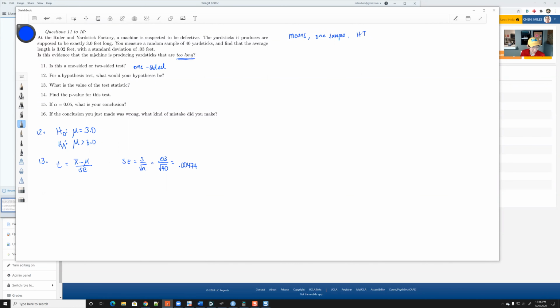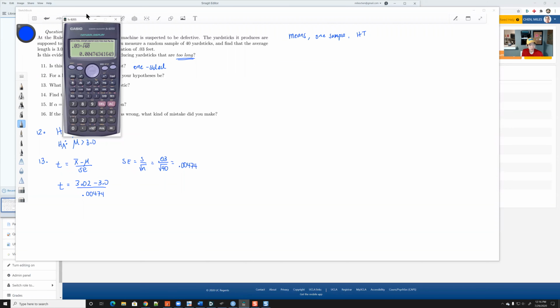Okay, all right, so my test statistic T is going to be 3.02, that's my x bar, minus the mean, that's from the null hypothesis, 3.0. This is divided by the standard error of 0.00474. Right? I did this correctly, right? Standard deviation 0.03 divided by the square root of 40.